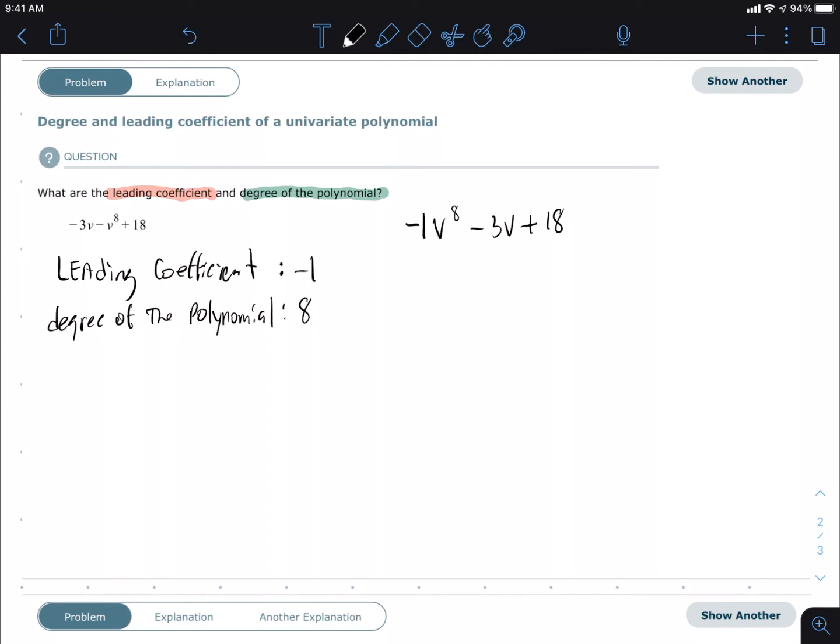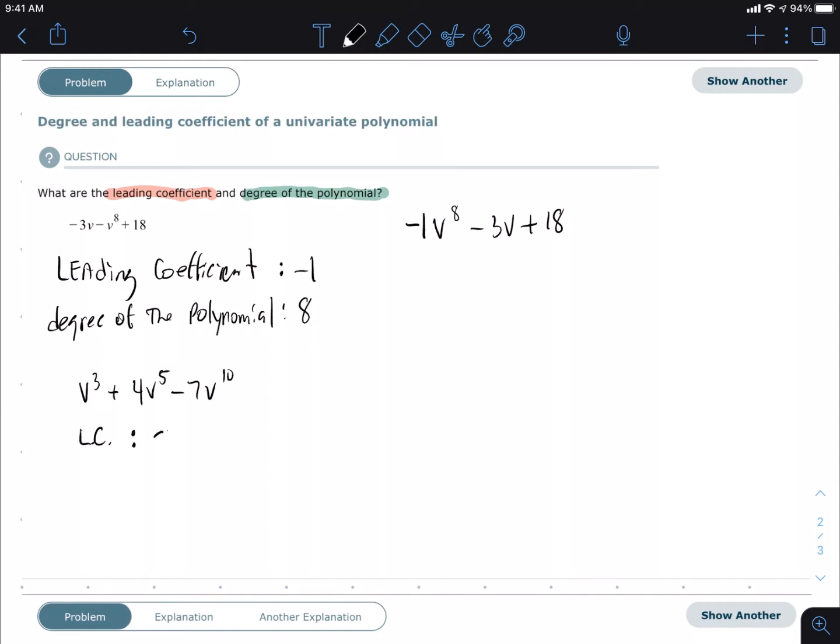Okay? Here, let me give you an example just to see if you guys totally get it. So if I get v to the 3rd plus 4v to the 5th minus 7v to the 10th, what is my leading coefficient? -7.